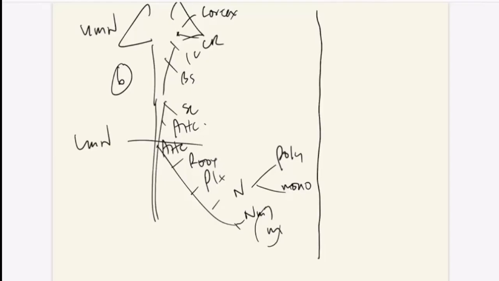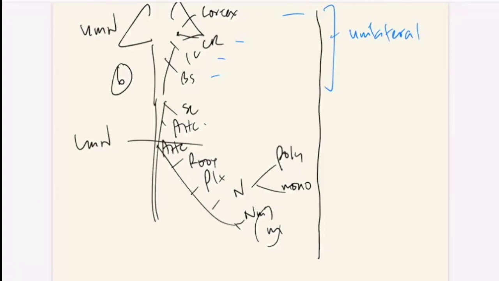So what we can see is that cortex lesion, corona radiata, internal capsule, brainstem, these are usually unilateral. Brainstem, occasionally it can be bilateral if the lesions are big or if it's in the basilar artery, but mostly unilateral, like PICA syndrome or lateral pons syndrome.